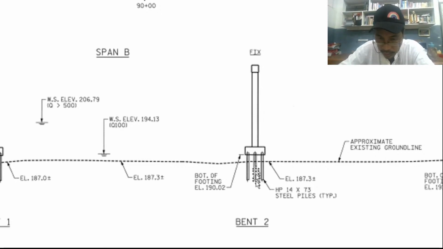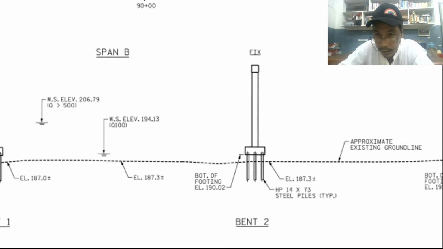Then piles. These are the piles that we are talking about. That is the HP 14 by 73, not plus. So 14 is the dimension of the HP steel piles.